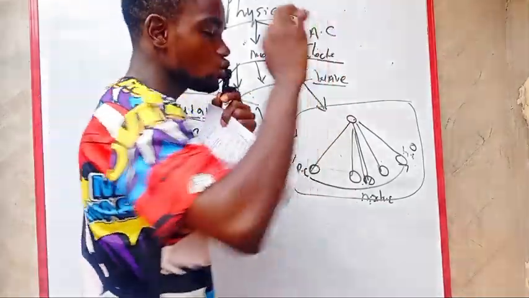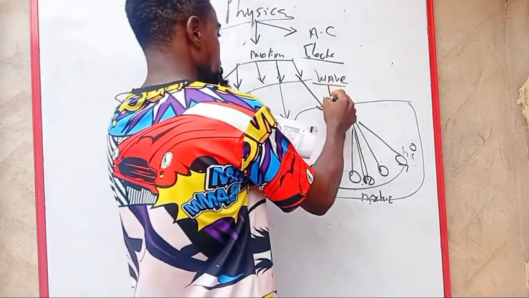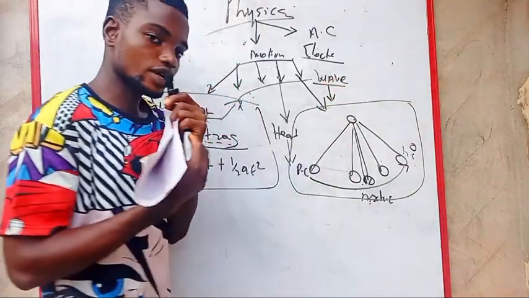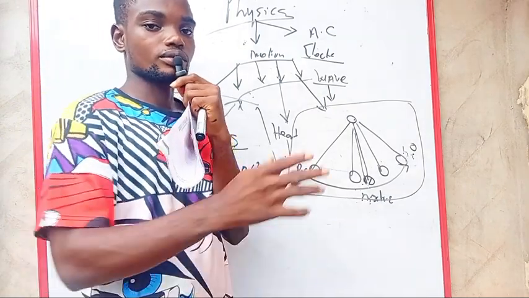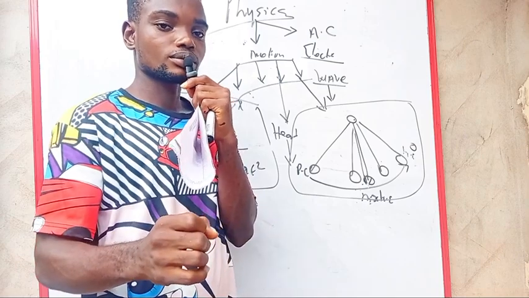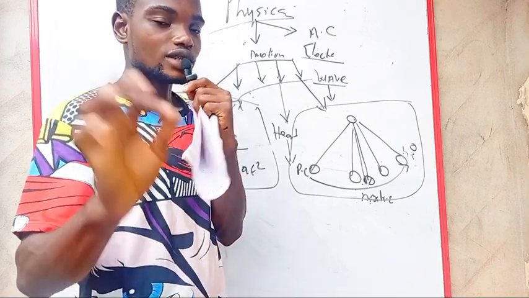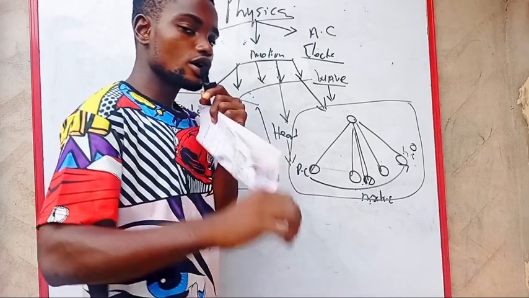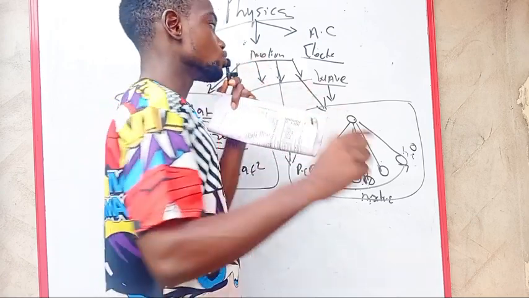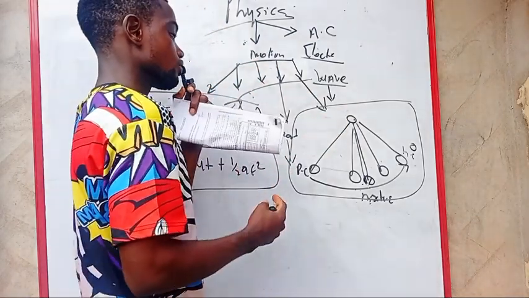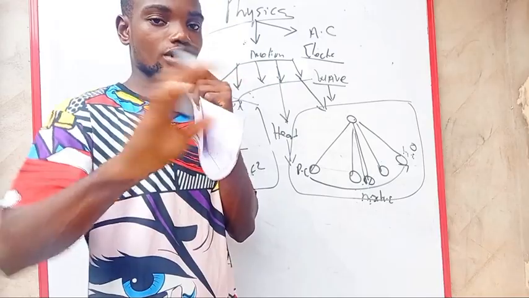Now the next one is wave. Wave is of various types. We have progressive waves, sound wave, and light wave. The one you are going to see majorly on your theory question is the propagation of wave, not sound wave, not light wave.